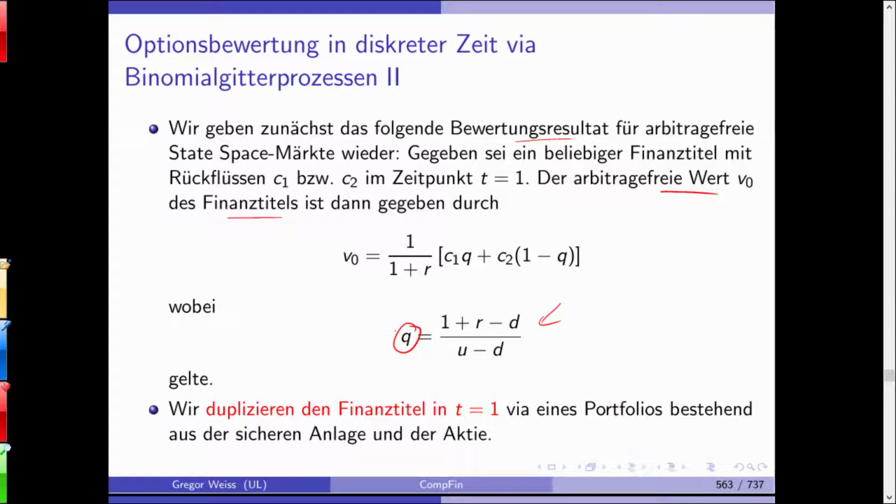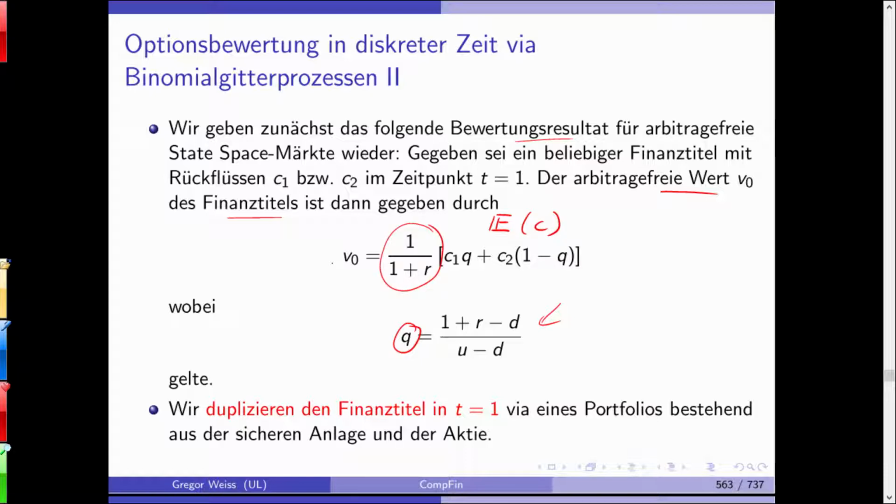Q and 1 minus Q, those resemble a probability of some sort. So if those are the two potential outcomes, C1 and C2, the term in brackets is an expected value. This is what?